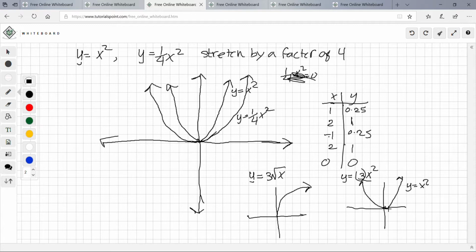Now that it's being shrunk, it's going to look something like this. And this same rule applies for absolute value.